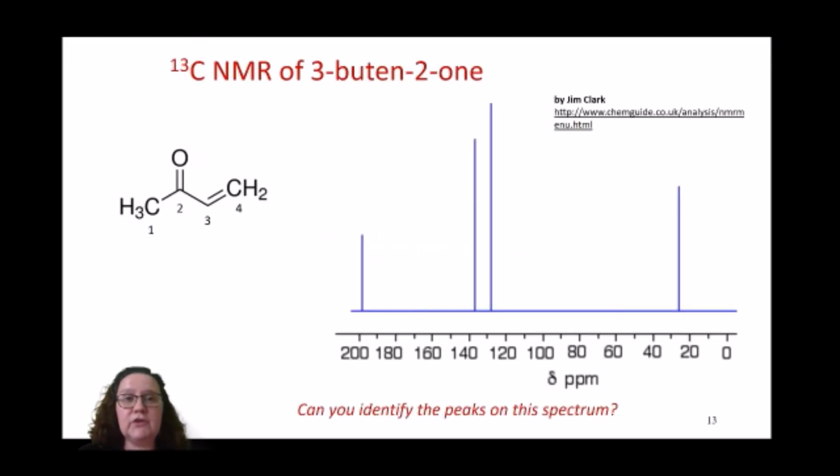So hopefully you stopped the video and had a go at the exercise. If you think of the table that I mentioned before, hopefully it's clear that the peak at around 200 ppm corresponds to carbon-2, the carbonyl group. That's a carbon in a ketone group, and it appears slightly lower than the chemical shift suggested by the table, which is 200 to 220.